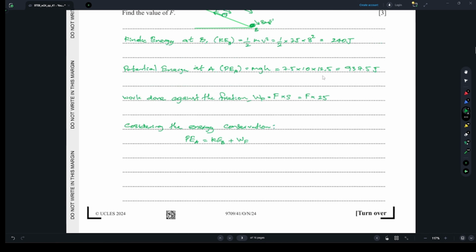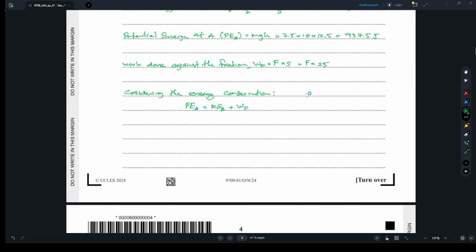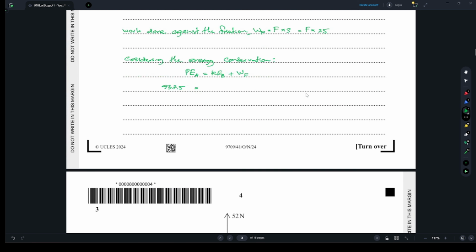Okay, so we have all these values. The potential energy is 937.5, kinetic energy is 240, plus the work done against friction is 25 times F.